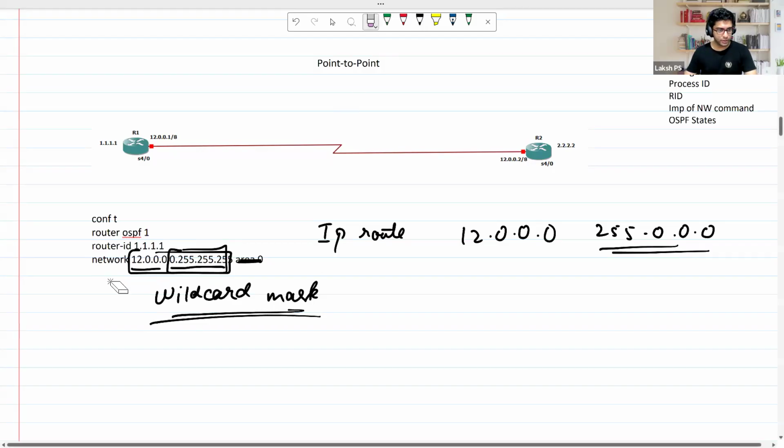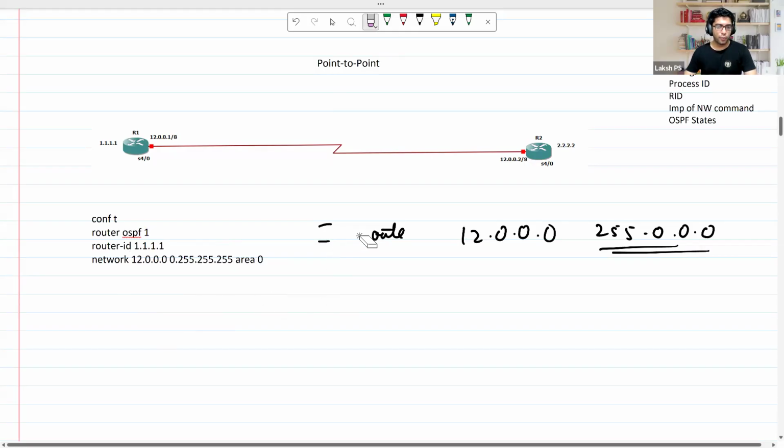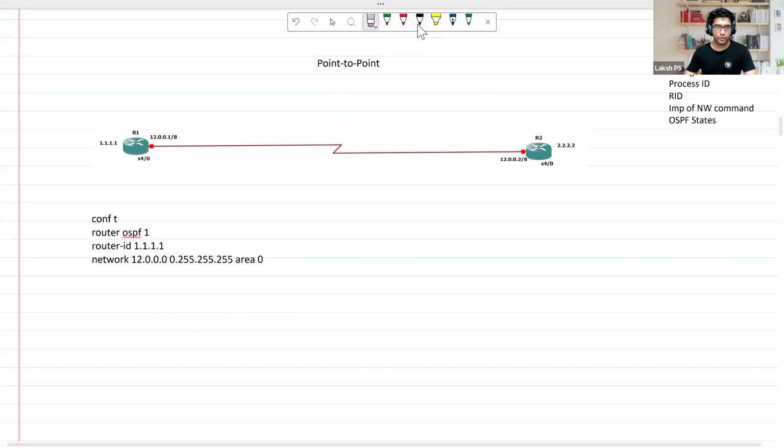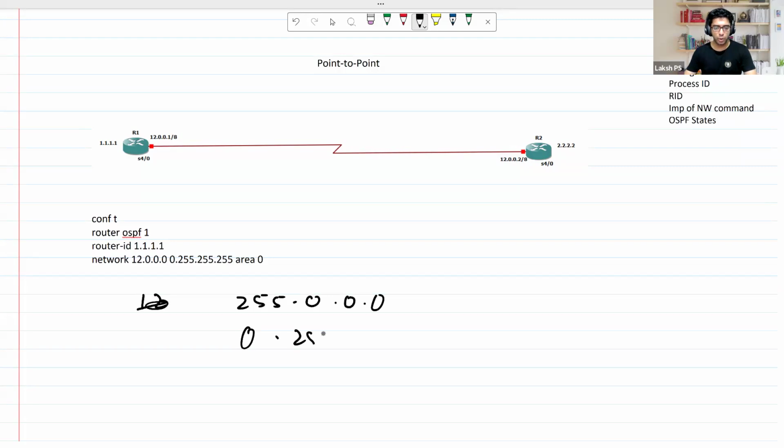Now, some interviewers will ask you the question, why can't we use the mask as such? Why can't I just simply write 255.0.0.0? Why do I have to write 0.255.255.255 as the wildcard mask?